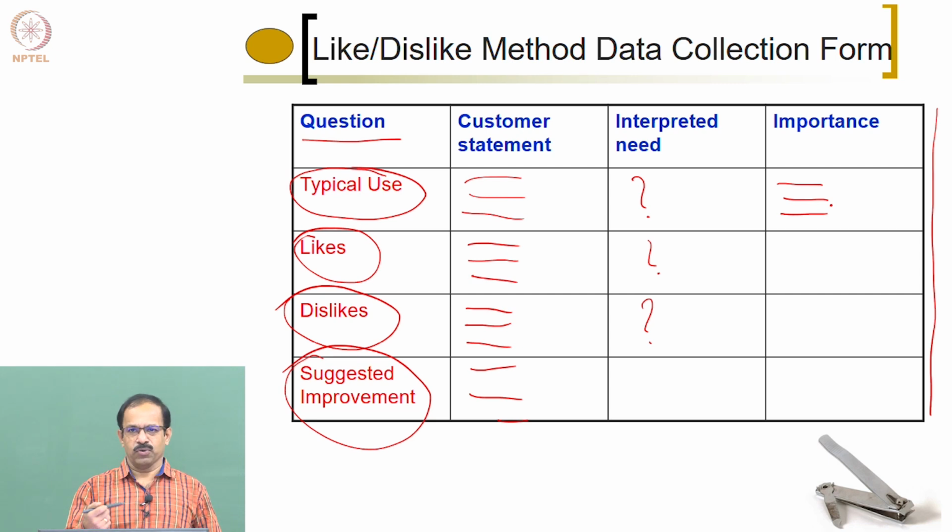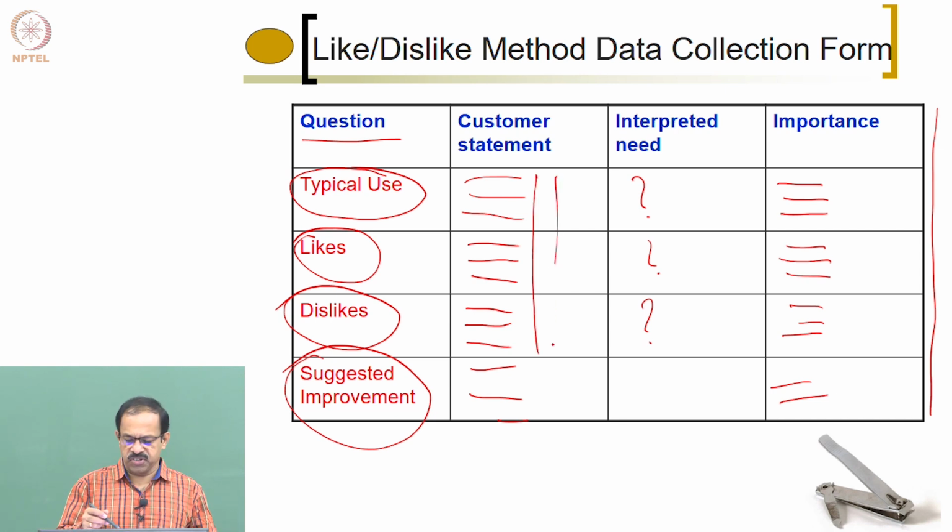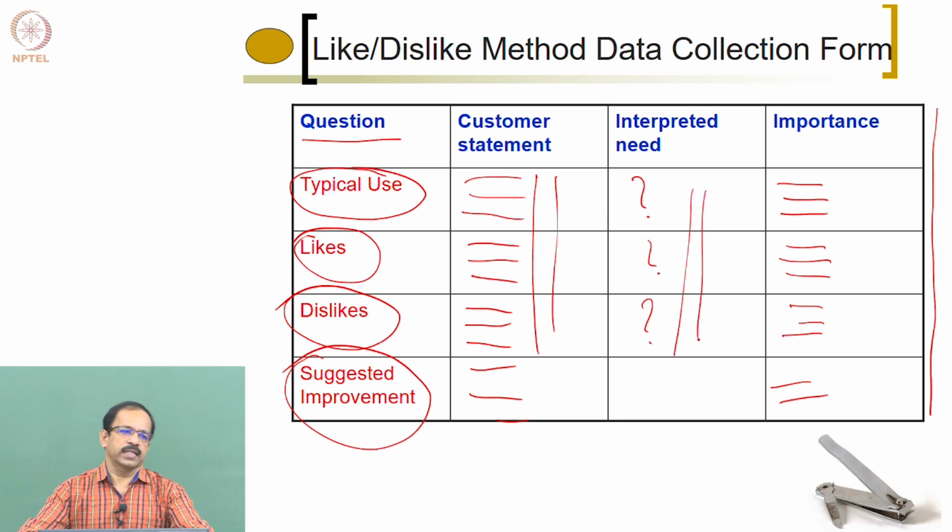You keep asking questions to gather the information and see whether it is most important, less important, or optional, and you write that here too. If you interview a large number of people, you will get a large set of raw information as well as needs, and that is the first step in getting the customer needs.